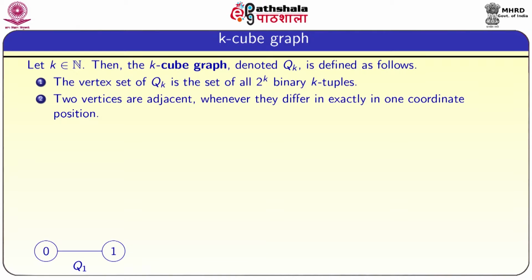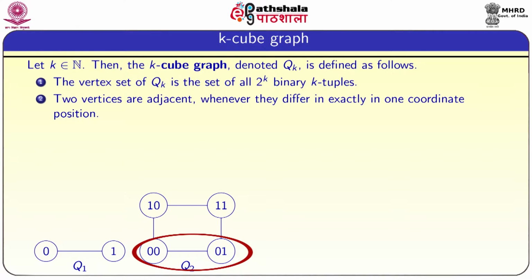For example, here we are taking binary sequences of length 1. So only 0 and 1 are the two binary sequences of length 1, and they differ in exactly 1 bit. So we have Q1 and Q2, binary sequences of length 2: 00, 01, 11 and 10. Look, there is no edge from 00 to 11.